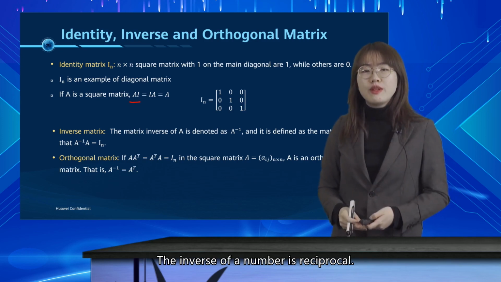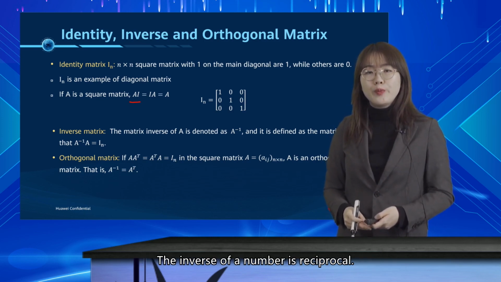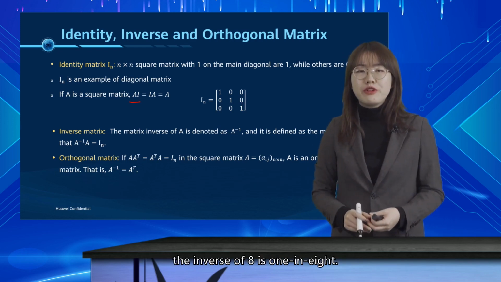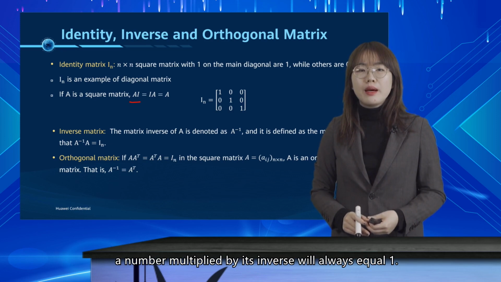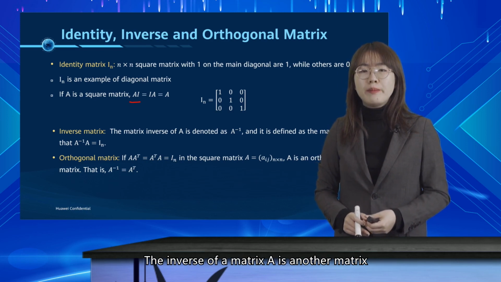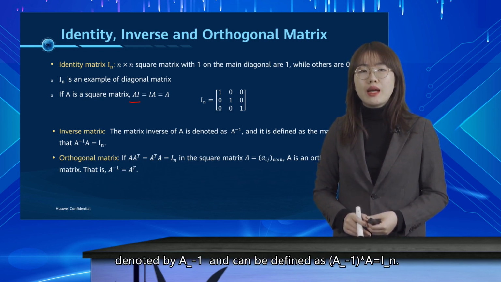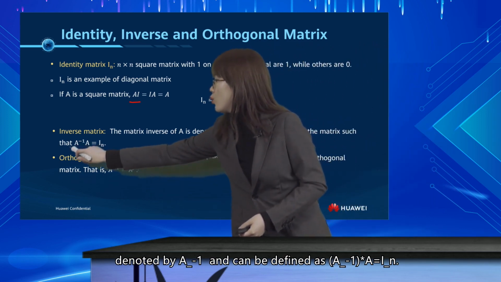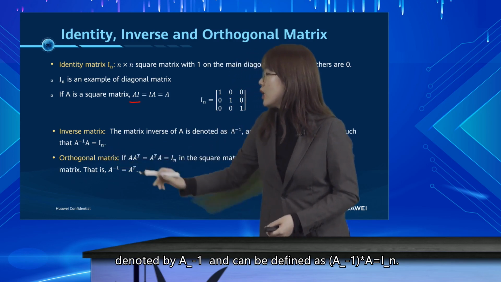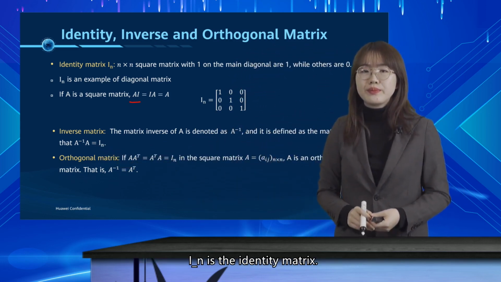The inverse of a number is its reciprocal. For example, the inverse of 8 is 1 over 8. Therefore, a number multiplied by its inverse will always equal 1. The inverse of a matrix A is another matrix denoted by A minus 1 and can be defined as A minus 1 times A equals In.